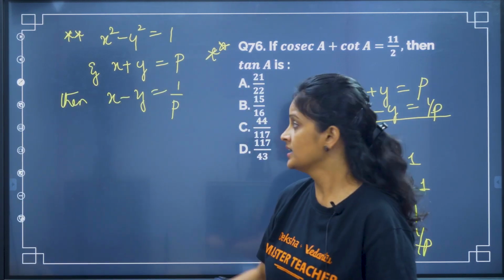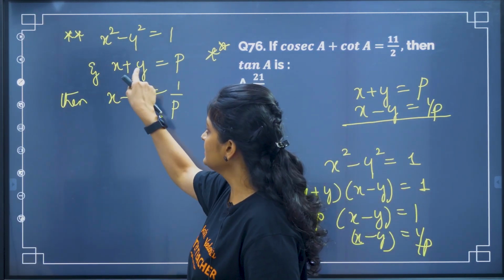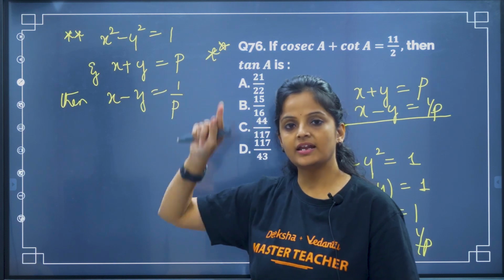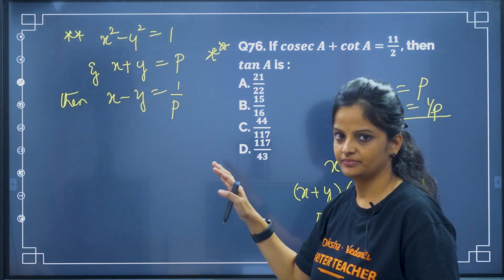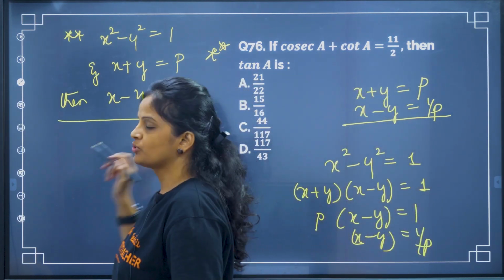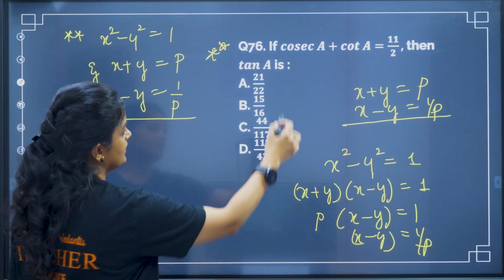Having said this, remember that if x - y is equal to p, then x + y will be 1 by p.